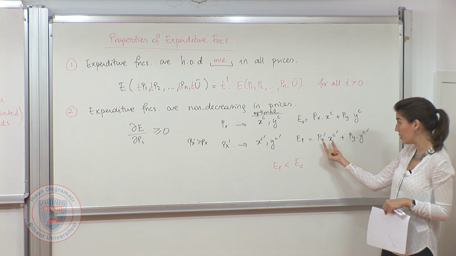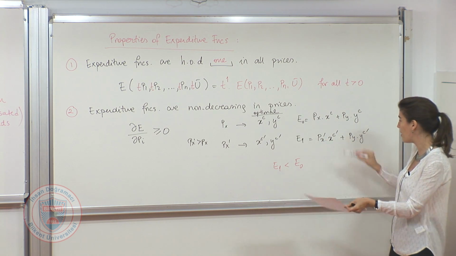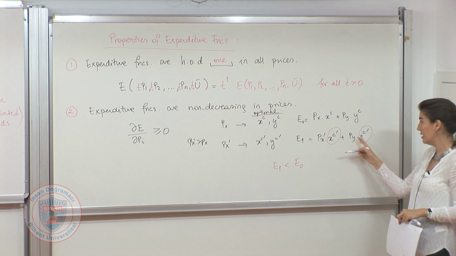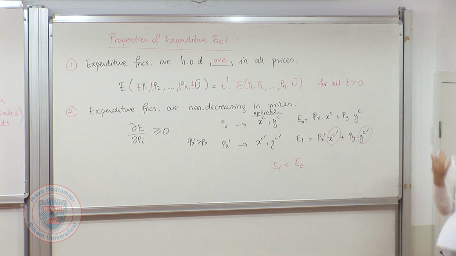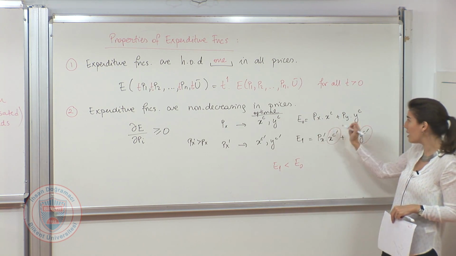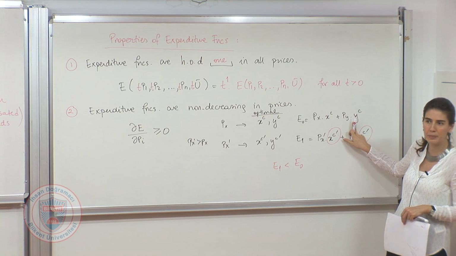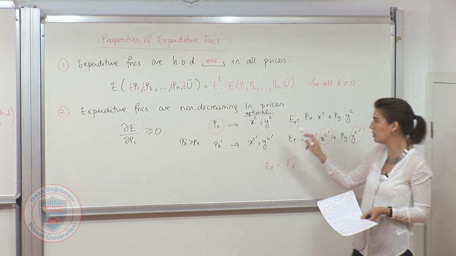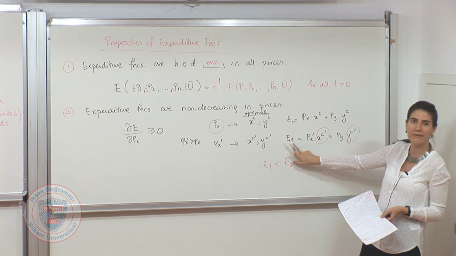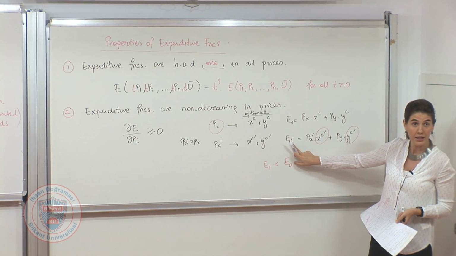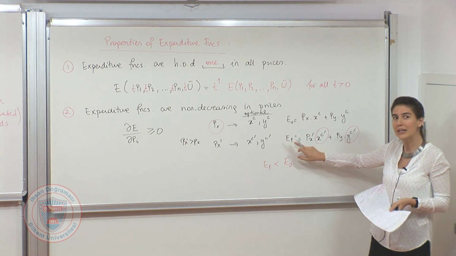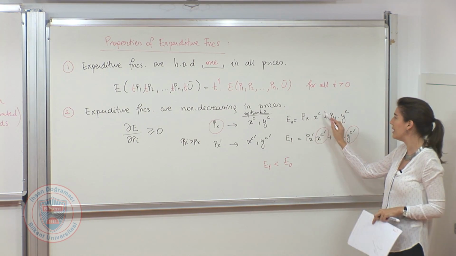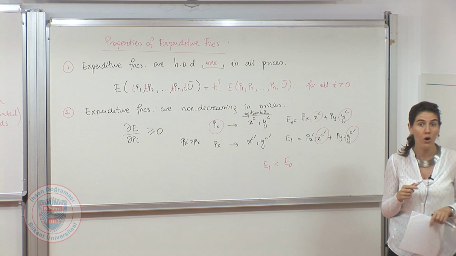Then if xc prime and yc prime make me spend less money than E0, why didn't I choose them in the first place? I should have chosen them, and the price was even smaller, so this expenditure would have been even less. So if such a thing happens, then these points cannot be optimal, right?